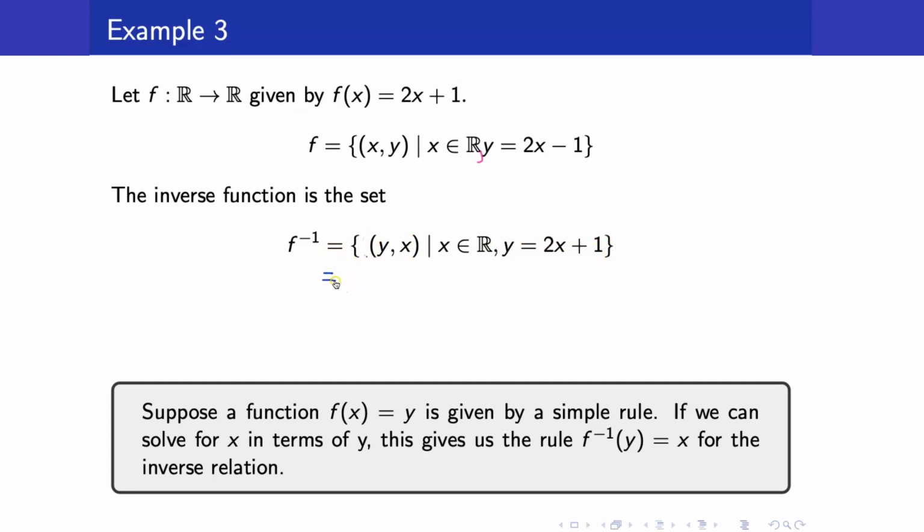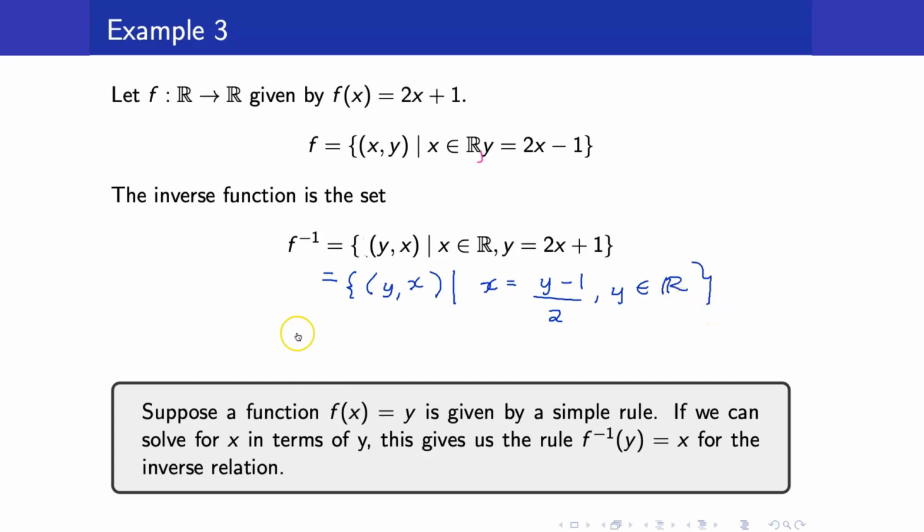But of course, we can also write this in such a way that we always want the second coordinate to depend on the first coordinate, correct? So what do we have here? When we solve for x here, we get that x is equal to y minus 1 all over 2, where y is a real number.